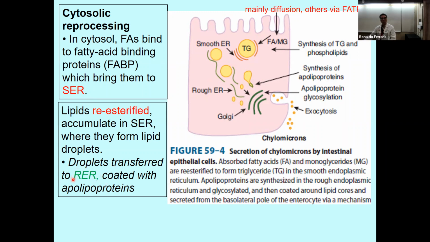What is the job of the rough endoplasmic reticulum? What these organelles do is coat these droplets with apolipoproteins, as depicted here. So this is your rough endoplasmic reticulum, and so now these are your lipoproteins that should be wrapping the chylomicrons that are exiting via the basolateral membrane of these intestinal cells.